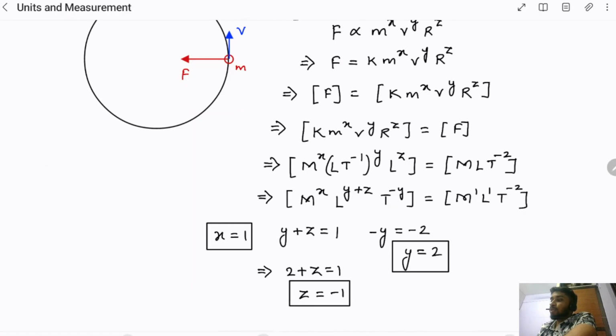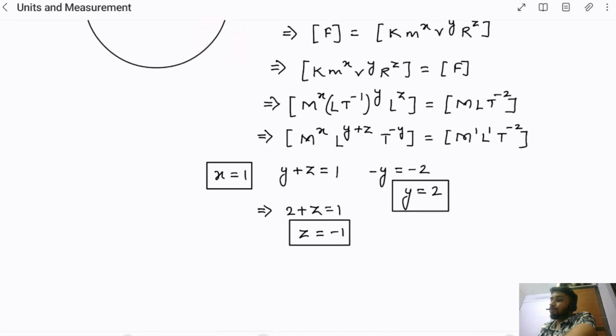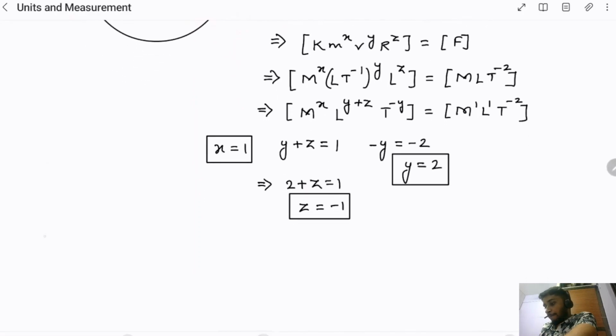If we put these in our force formula, it becomes k into m to the power x, which is 1, v to the power y, which is 2, and r to the power z, and z is minus 1.